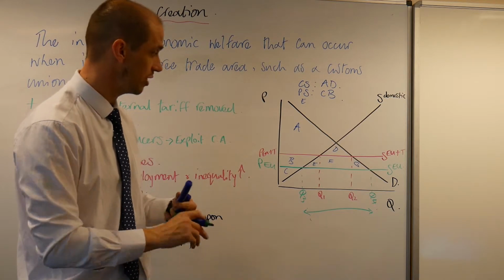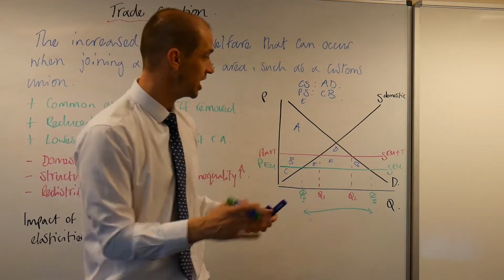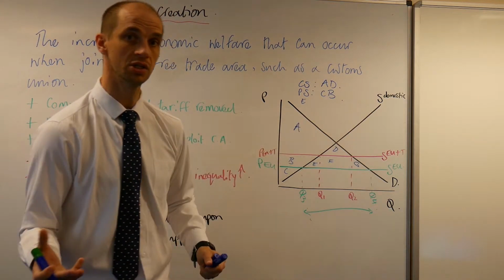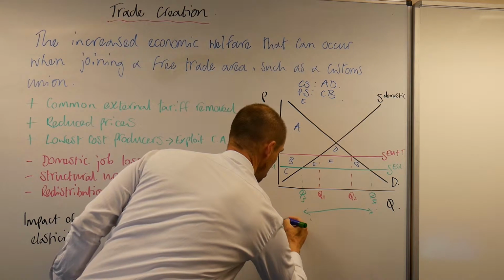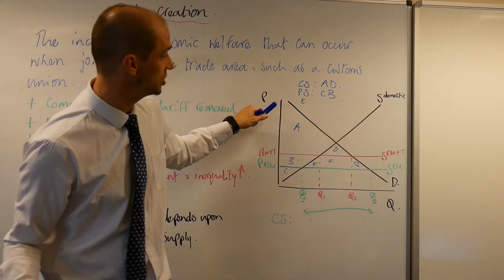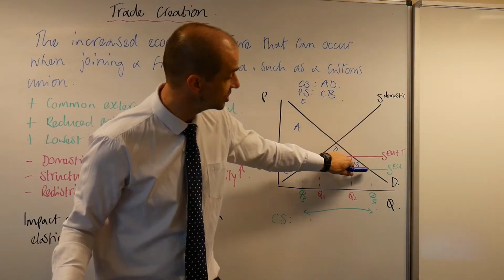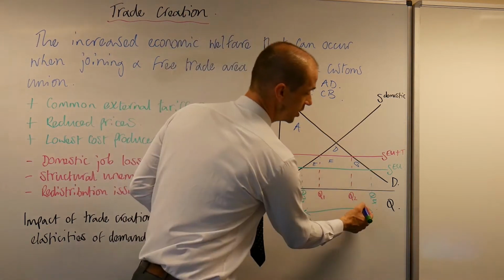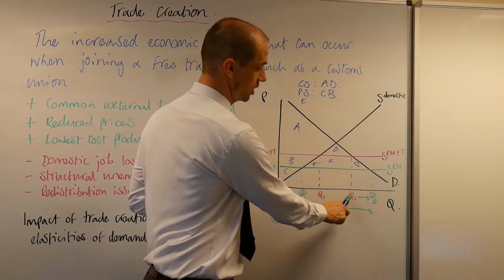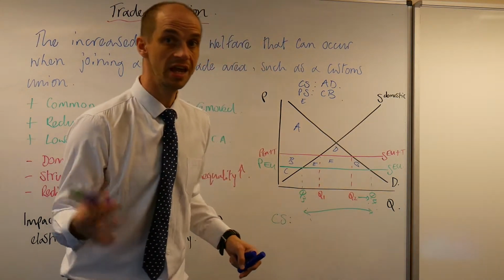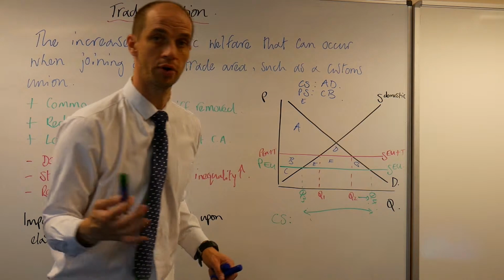In addition to that, we can also see what has taken place with regard to consumer surplus. If we go through the consumer surplus quickly, we can see the point of consumption is now right out at Q4, so more goods are being consumed. These consumers from Q2 through to Q4 can now afford to buy those products.